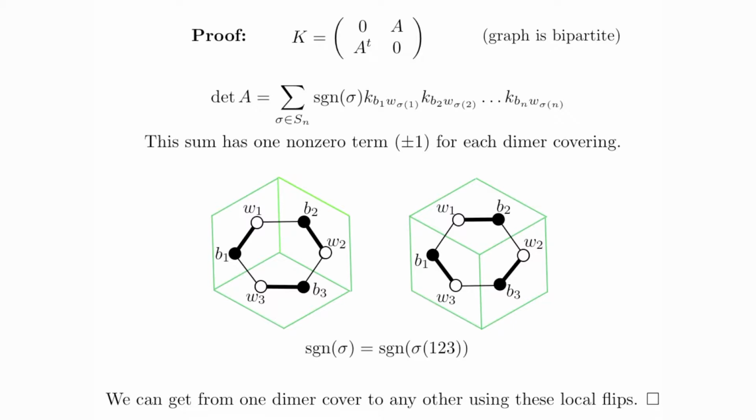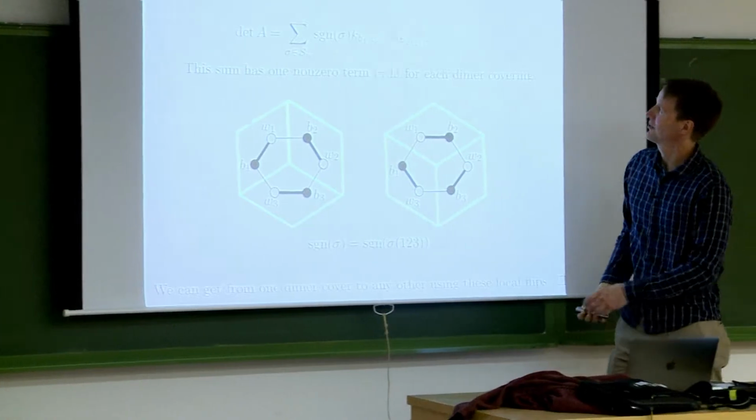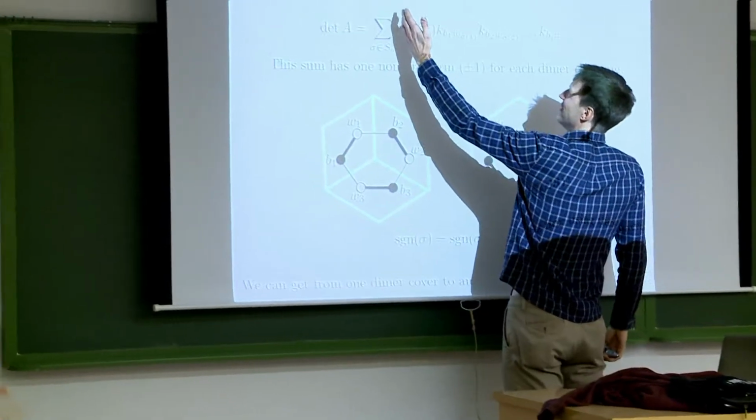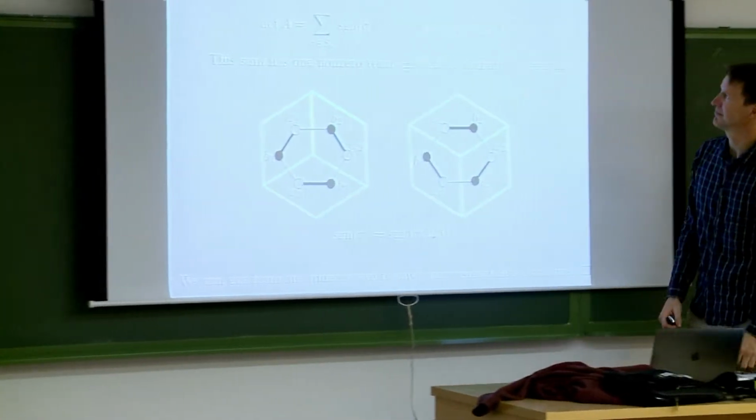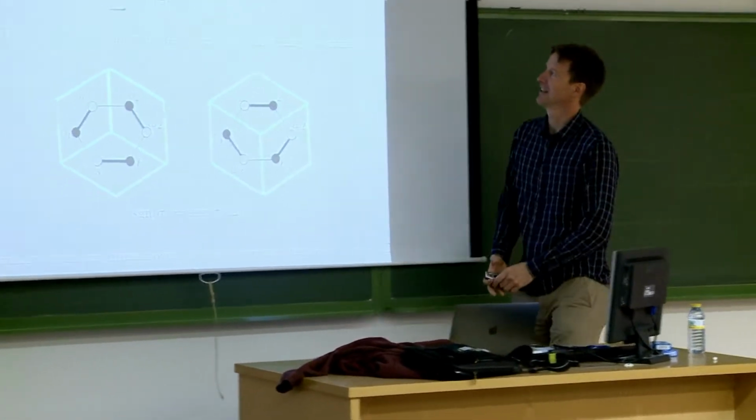Well, the graph is bipartite. You can color the vertices white and black, so that whites are only adjacent to black vertices. So the adjacency matrix of the graph, if you put all the blacks first and then all the whites, has this form. And so really, the square root of the determinant of K is just the determinant of this matrix A. Right?